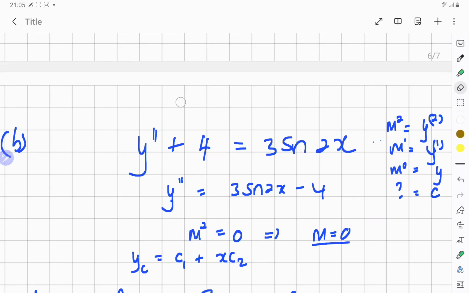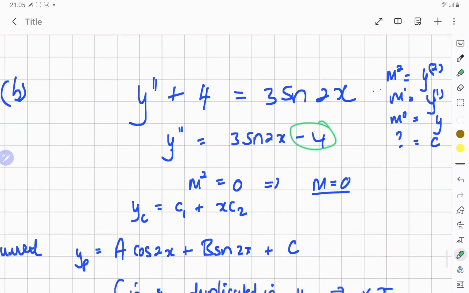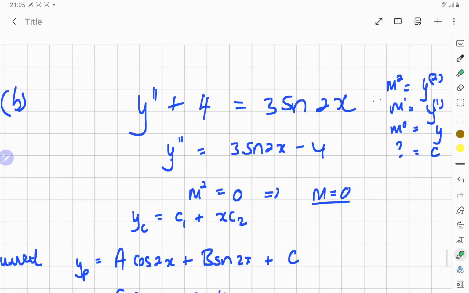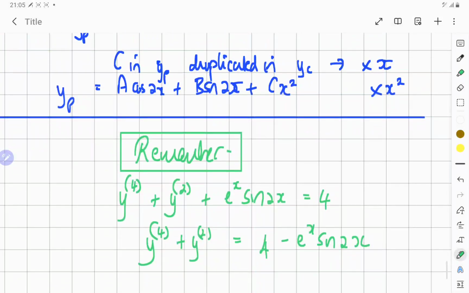That should be clear. So this auxiliary cannot be m squared plus 4. So we have a slight dilemma here. What are we going to do? Please remember this: you will take this across and then work from there. That's very, very important.